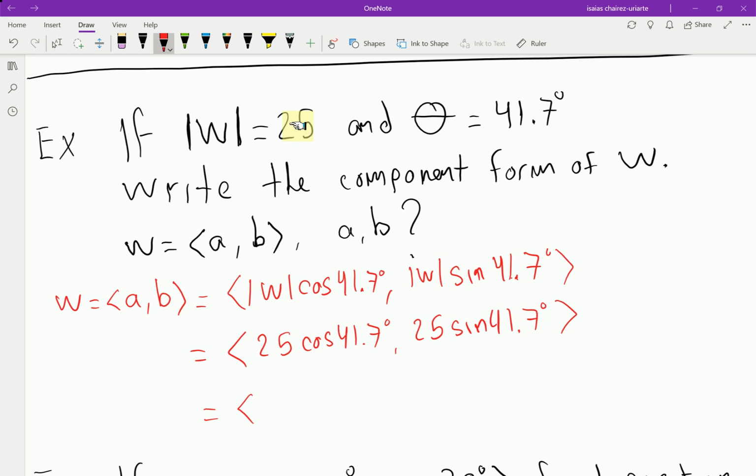Let's round to the nearest tenth and let's make sure our calculator is in degree mode. And if that's the case, then I get 18.7. That's my horizontal component, and my vertical component is 16.6.